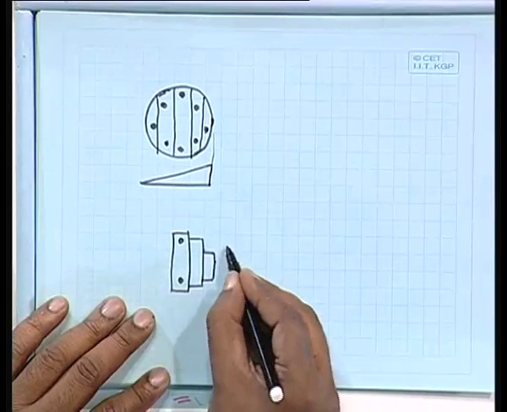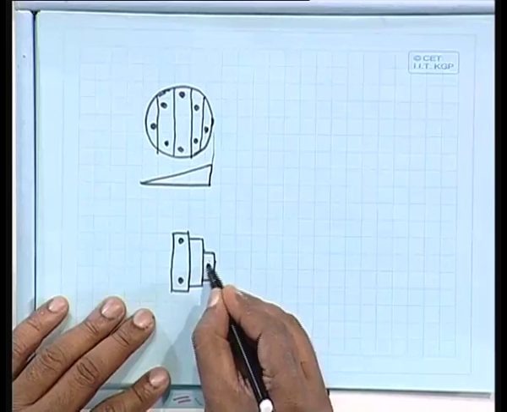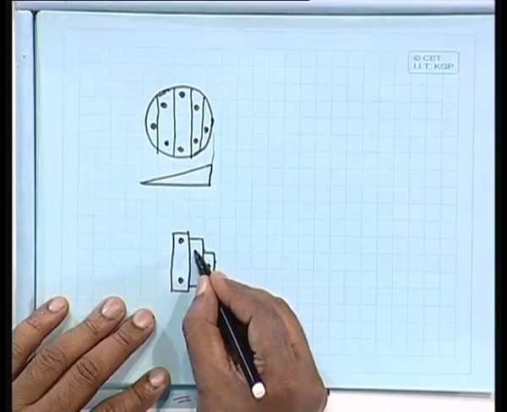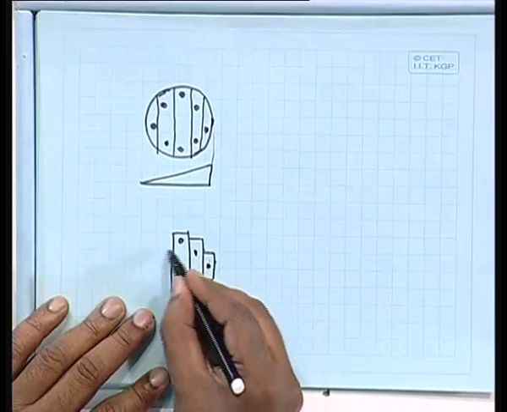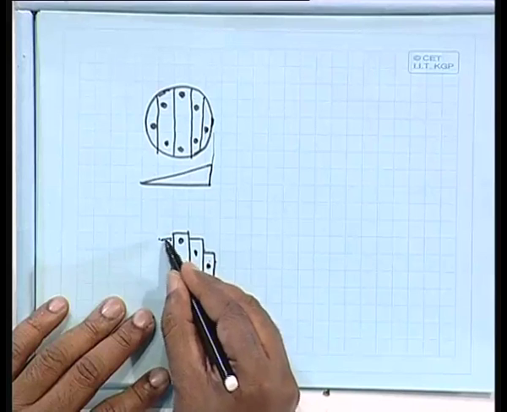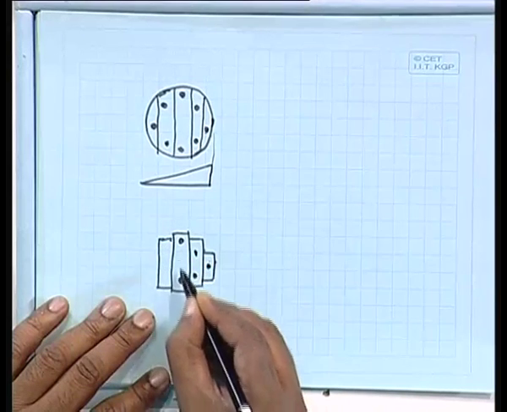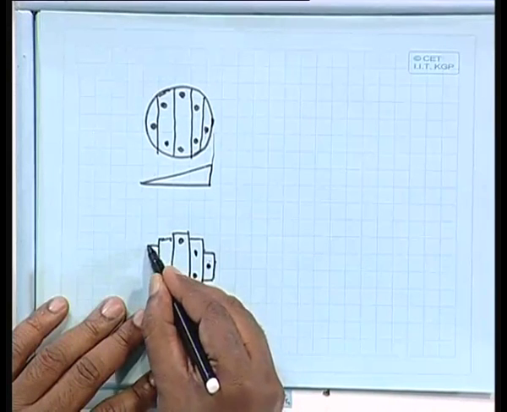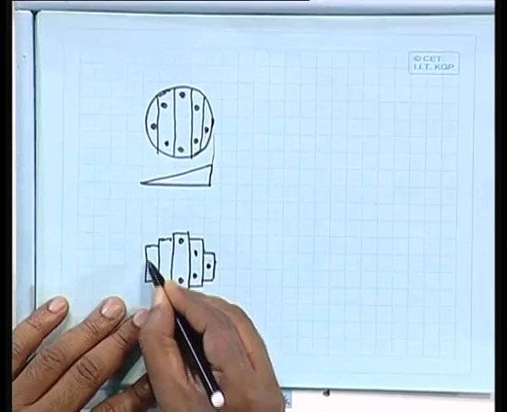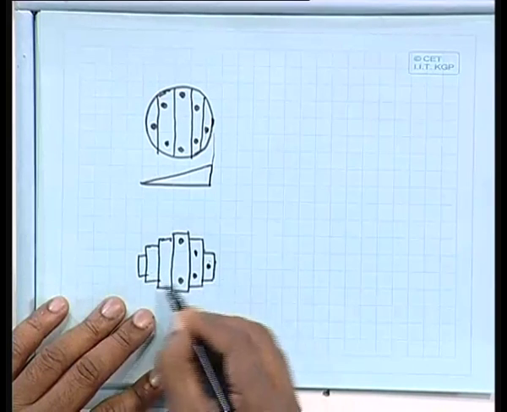So like that it can happen. Maybe you are having one bar here, maybe one bar here, 2 bars, like that it can go. The same circular section, I am doing it as a rectangular one. So like that I can do it.